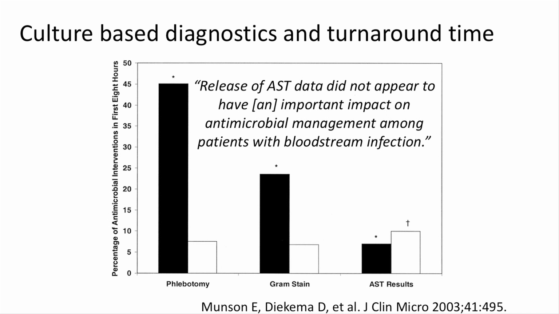All the action was earlier. And the reason for that is obvious. I mean, this was back in old days, right, around 2000. But the turnaround time for phenotypic susceptibility testing has long been of limited clinical relevance.